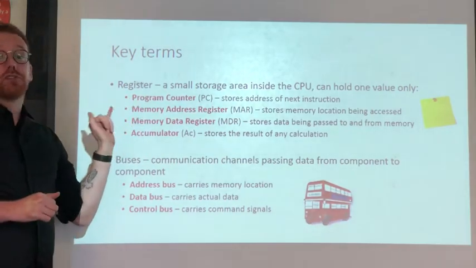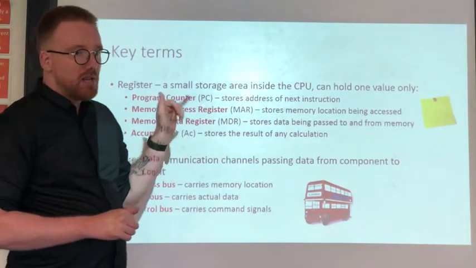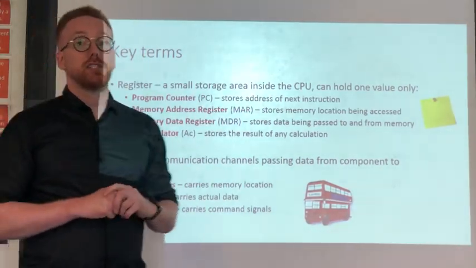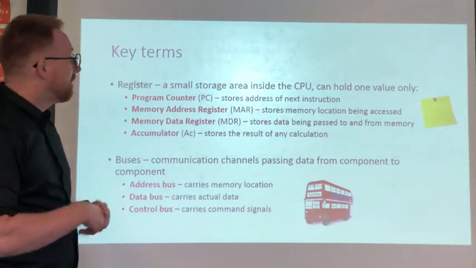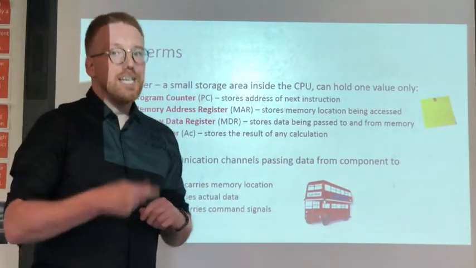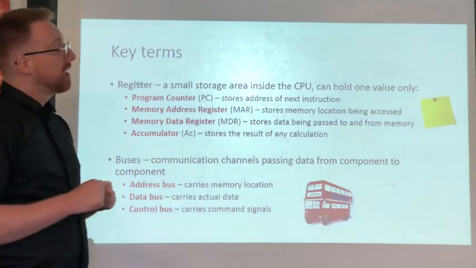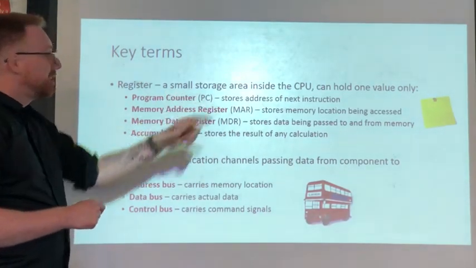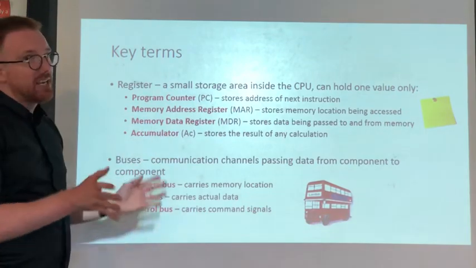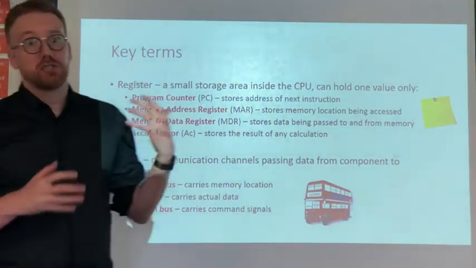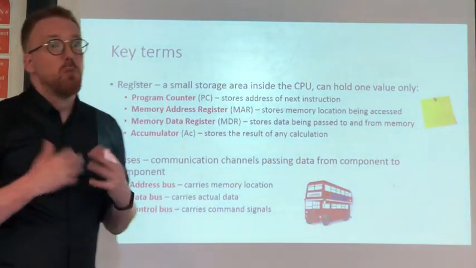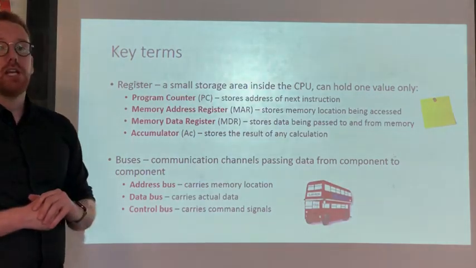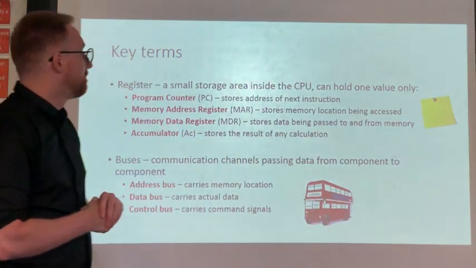The first register we've got is something called the program counter. Now the program counter simply keeps track of where the next instruction is in main memory. And each time we fetch an instruction, we'll then increment the program counter so it keeps track of where the next instruction will be in memory. The memory address register, clue in the name, stores the address that we're going to access, which memory location we're going to get the instruction from, or which memory location we're going to get a piece of data from.